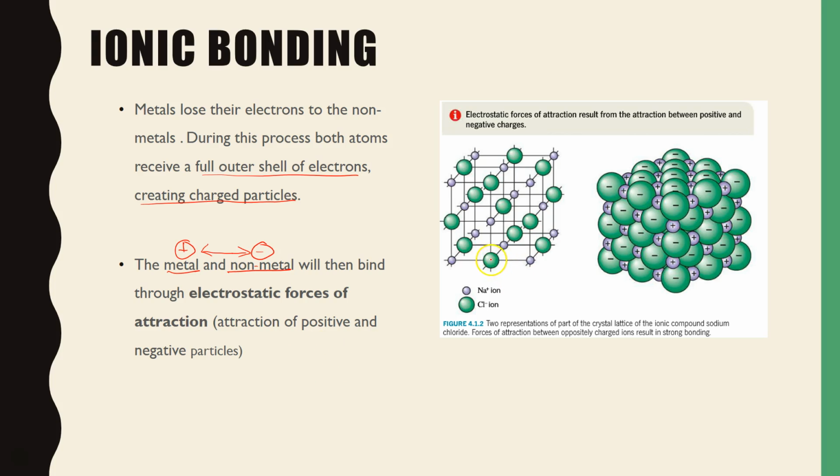Here's the sodium ion in purple. I'm drawing pluses on them to denote the positive charge, and the chlorine has negative. When they bond together, they make an overall neutral charge. You can see they're evenly surrounded and spaced apart from each other.